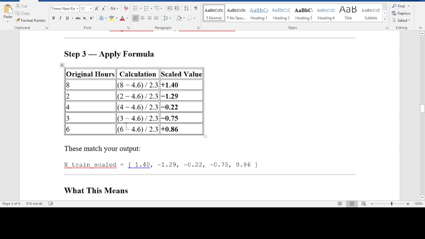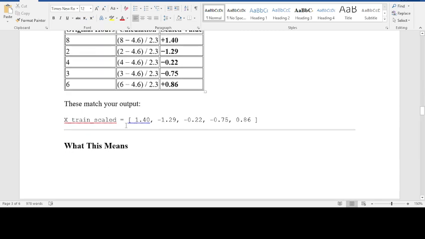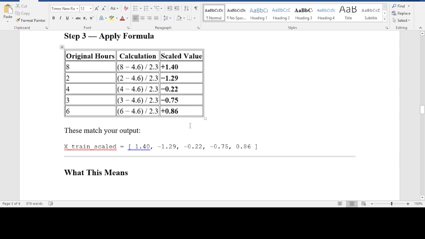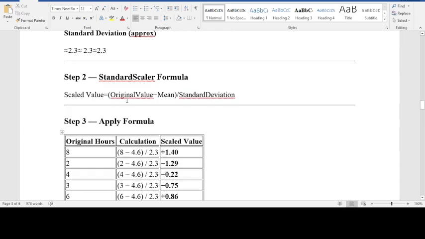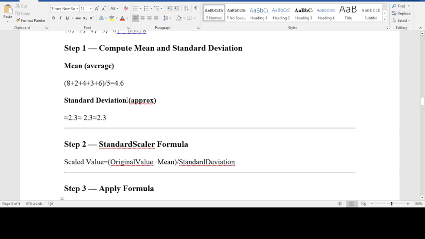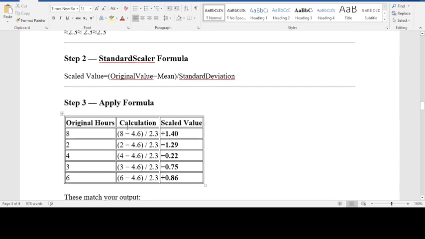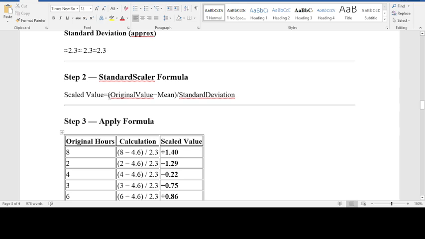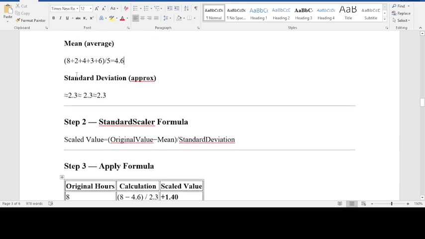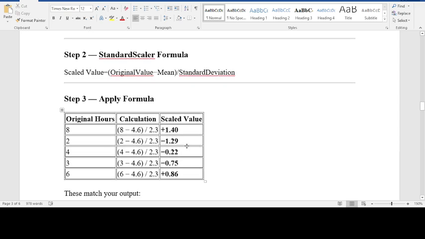By observation, if you go back, these values I got in the Google Colab when I applied the StandardScaler function for the X_train values. This is how I got them. So to get the values for the X_train scaled array, this is how to apply feature scaling. The formula is scaled value equals original value minus mean divided by the standard deviation.